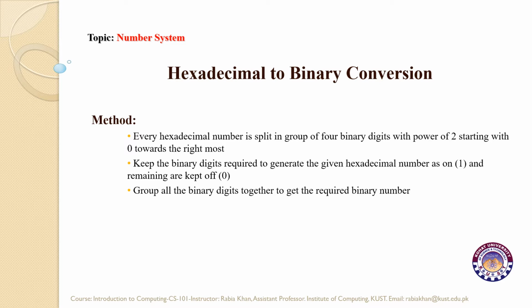That means A represents 10, B represents 11, C represents 12, D represents 13, E represents 14, and F represents 15. So a total of 16 symbols that include both digits and alphabets are collectively used to make a hexadecimal number.